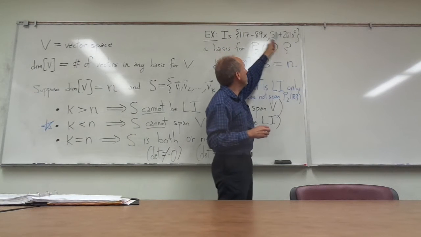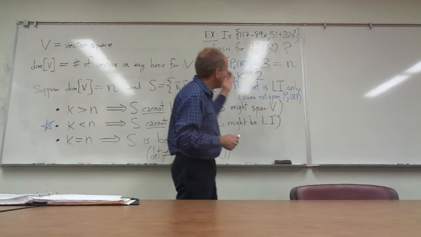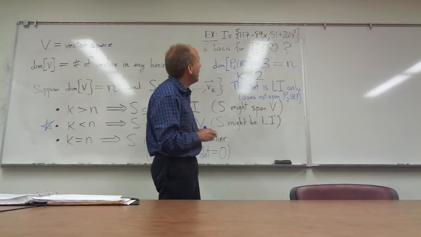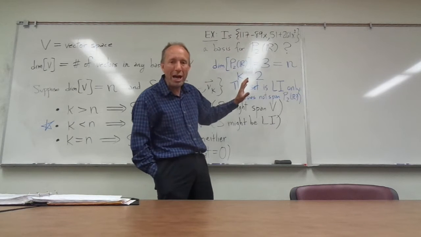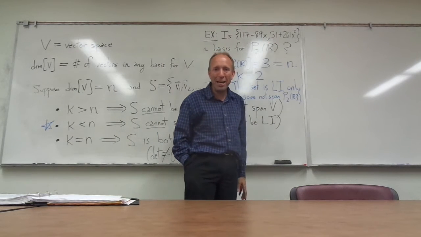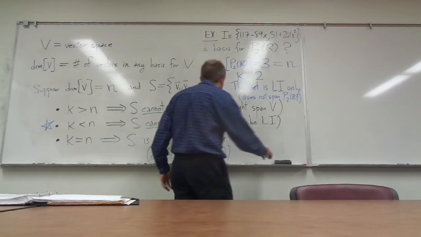These 2 polynomials are not scalar multiples of each other. So it is a very safe bet that they are in fact linearly independent. You can get away with that when you only have 2 vectors in your set. You can't get away with that if you have more than 2 vectors in your set.